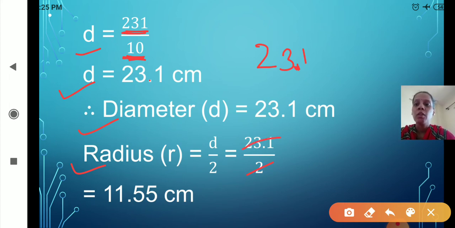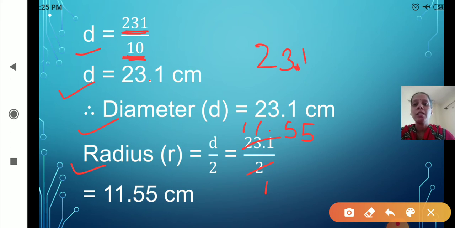See. 2 ones are 2. 2 ones are 2. Again here it is 3. So 2 ones are 2. 1 is remaining. Right, because here it is 3. So 2 ones are 2. 1 is remaining. Decimal point as it is. Now this 1 is remaining and this 1. So this is 11. 2 5s are 10. Again the 1 is remaining. Again 2 5s are 10.